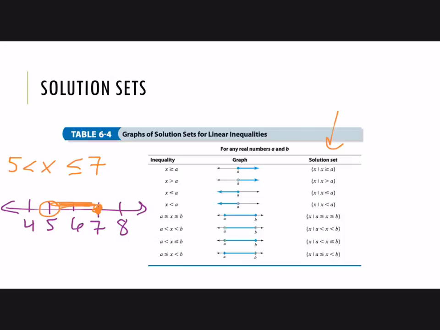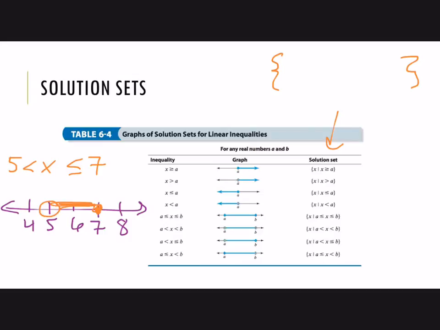All right, solution sets. We'll talk about this a bit more when we talk about solving, but your solution set would always be written in set builder notation. So you'll have these braces to indicate a set, and then you would write whatever your variable is. In the examples we've done so far, we've been graphing things with an x. We could also use different variables like y or t.